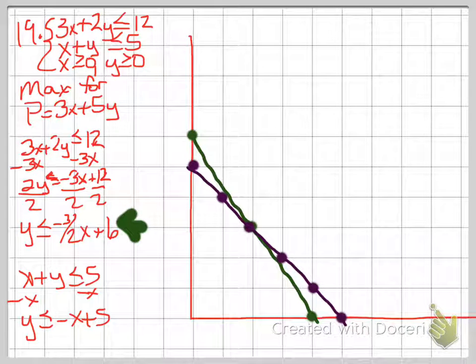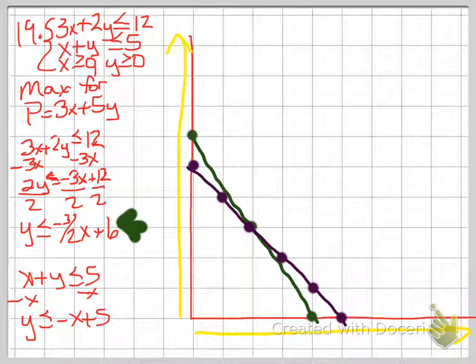Okay, now, for the x is greater than 0, that's everything greater than 0 that way, and y is greater than 0 is everything up that direction.